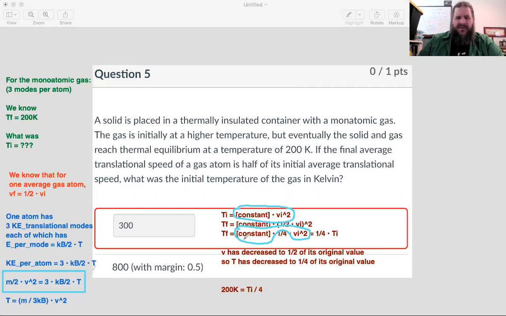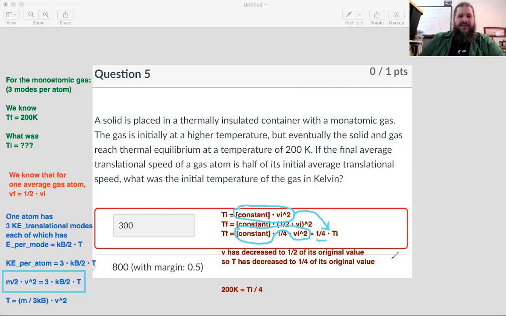If T final is the constant, in other words, m over 3 kb, times 1/4 times speed initial squared, that's the same as 1/4 times the initial temperature. So the 1/4 is really the important thing here, because that's the modifier between the initial temperature and the final temperature.